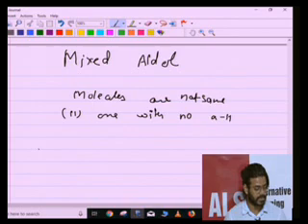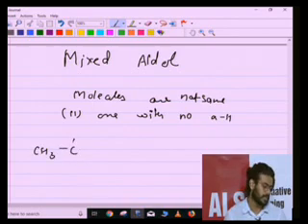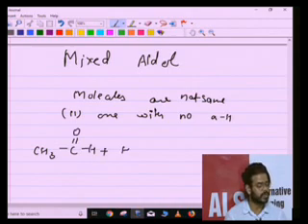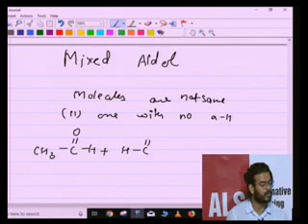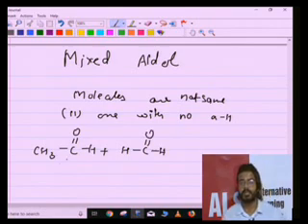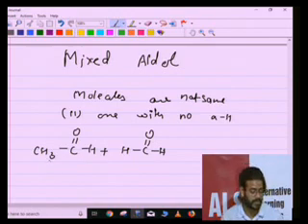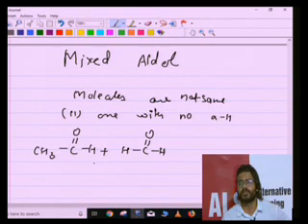Let's say if I consider a case of ethanol, which is CH3 C double bond O H, and now if I react this with HC double bond O H. I can clearly see that in case of ethanol, alpha hydrogens are present, but in case of methanol, which is also known as formaldehyde, there is no alpha hydrogen present.